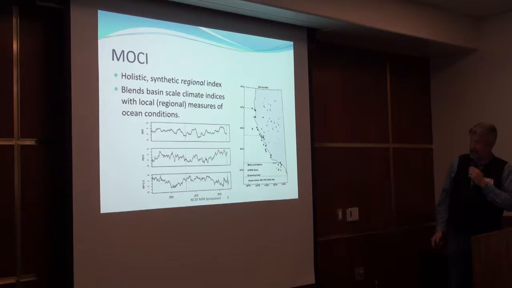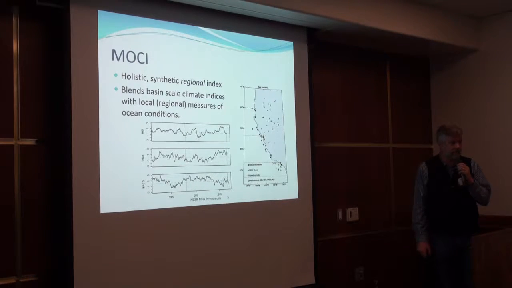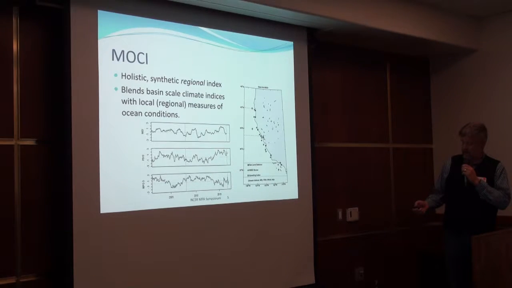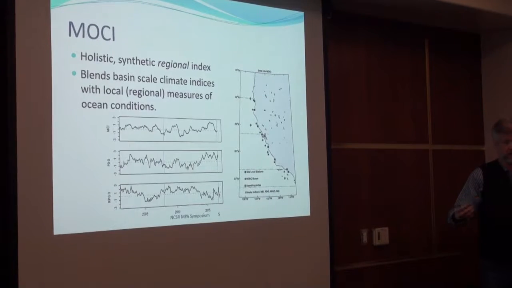One of the products that we have is the Multivariate Ocean Climate Indicator, MOCI. This was developed by Marisol Garcia-Reyes and Bill Sydeman. It's a regional index in that it's not derived from these large-scale, synthesized sea surface temperature patterns over the North Pacific.